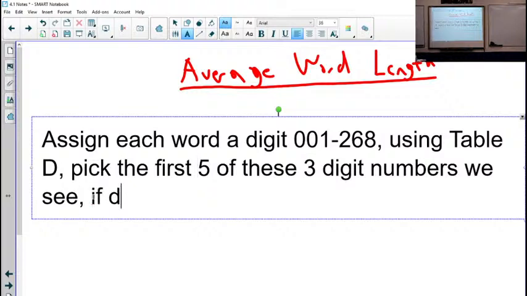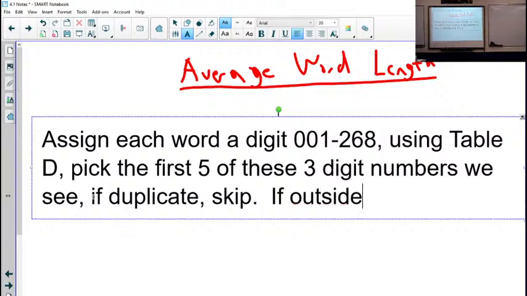If it's a duplicate, we're going to skip it. If it's outside the range, so it's not between 001 and 268, then we're going to skip it.